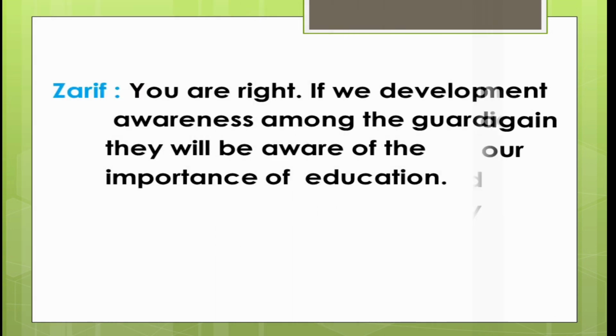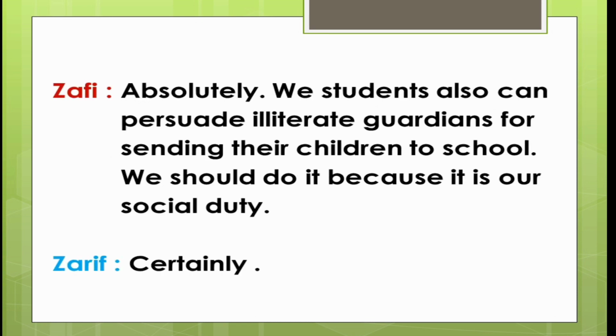No, Zafi, you are right. If we develop mass awareness among the guardians, they will be aware of the importance of education. Absolutely. We students also can persuade illiterate guardians for sending their children to school. We should do it because it is our social duty.